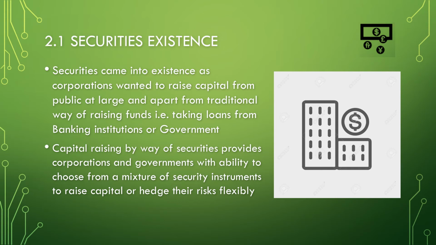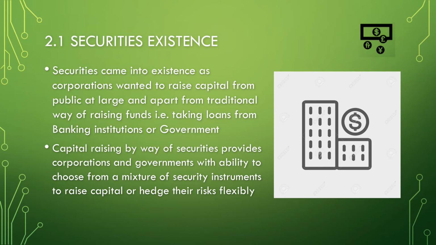But now if a company issues shares, it is not liable to pay anything, but the shareholders or the buyers of the shares become the owners of the organization, and they can actually impact the decision making of the company.